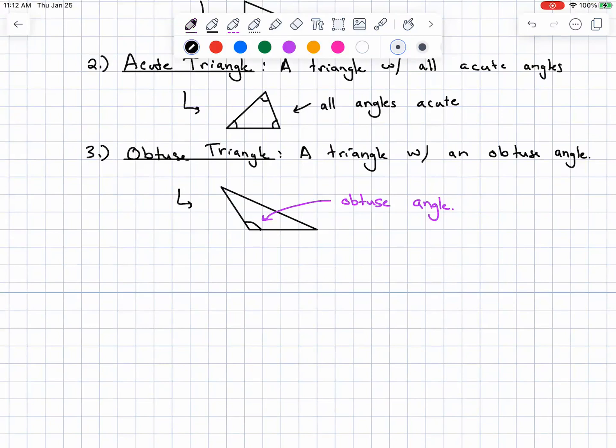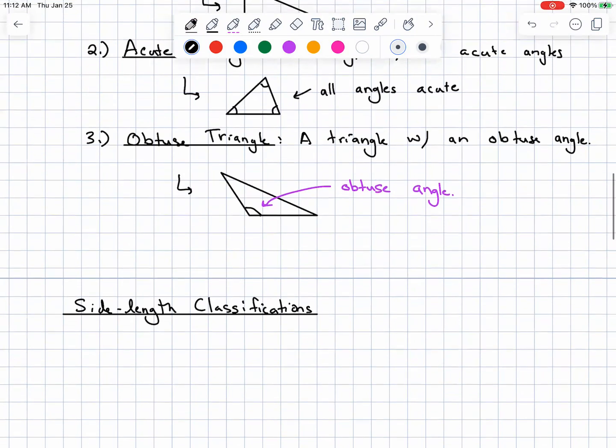The other type are the side length classifications. Number one is the equilateral triangle.